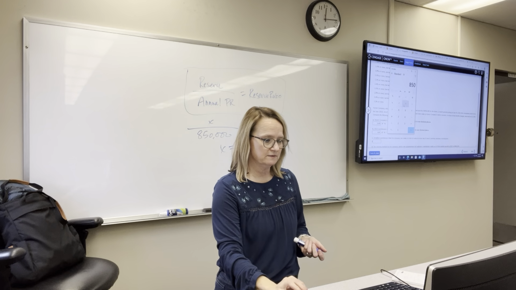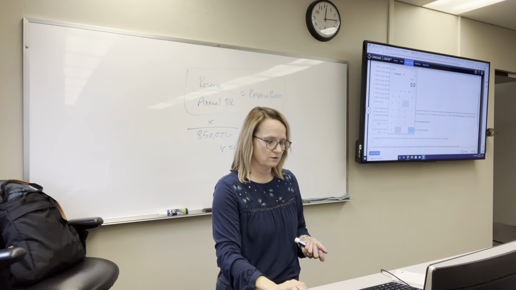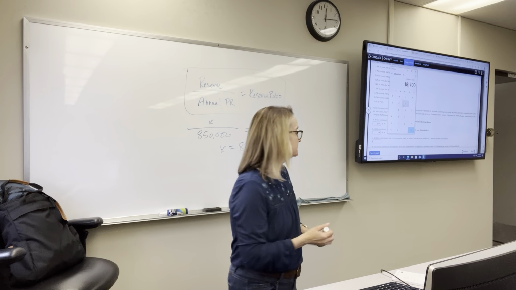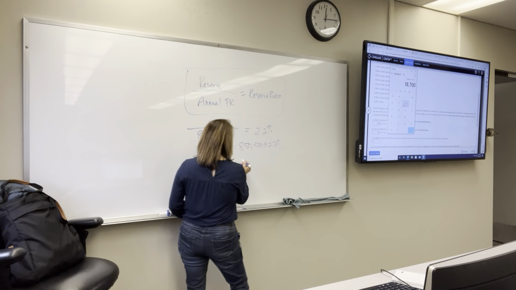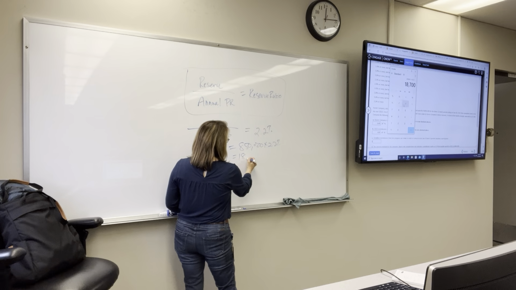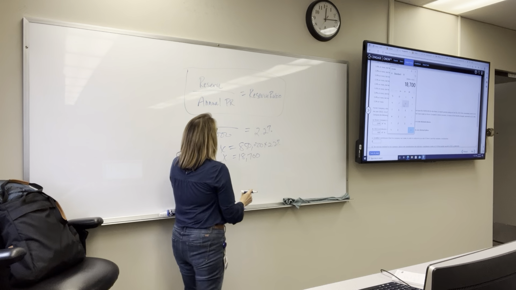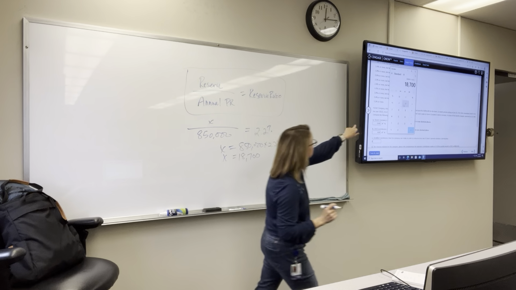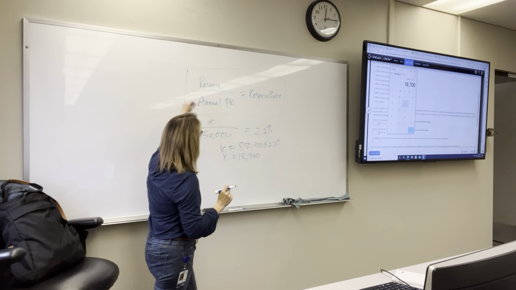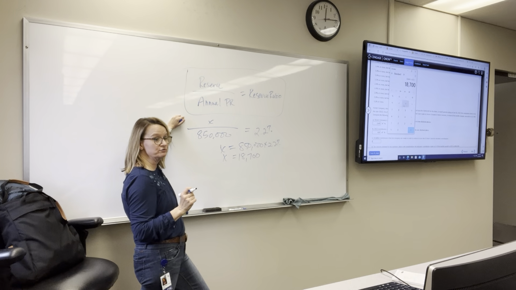Okay, so 850 times 0.022, 18,700. Okay, so in order to get to the 2.2%, our reserve has to be 18,700.